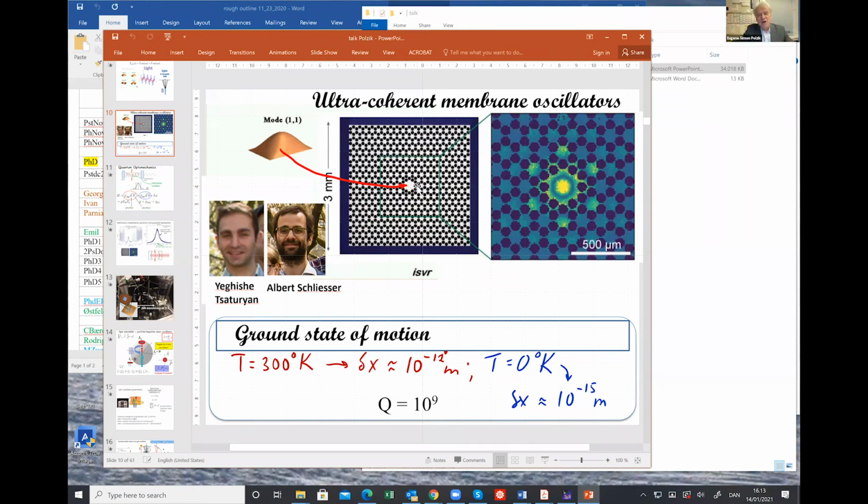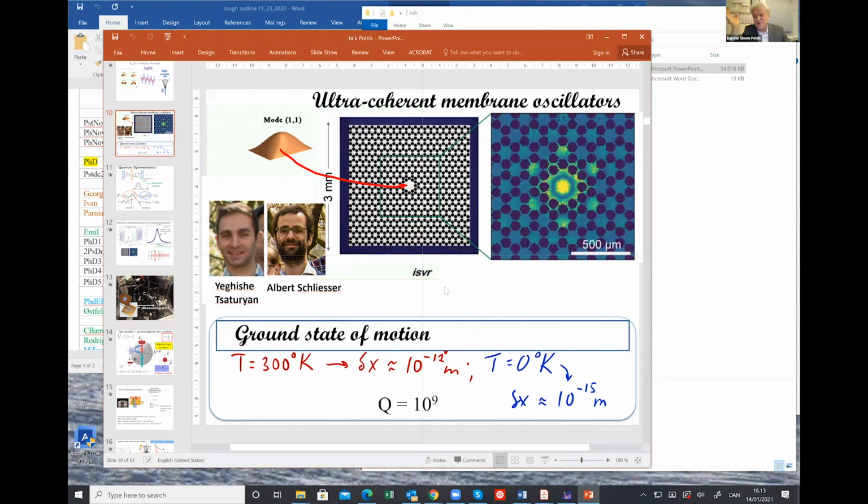Well, for this kind of devices, this is as good as it gets worldwide. And I have to give a lot of credit to my graduate student, Yegish Tsaturyan, who is now at the University of Chicago, and my colleague, Albert Schliesser, here at the Institute. I started all this optomechanics business some 12 years ago or something, because I thought, oh, damn, this sounds simple.